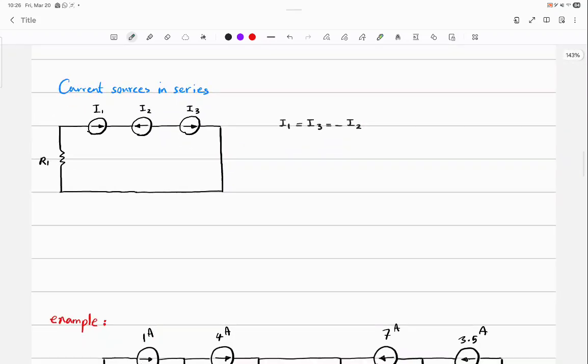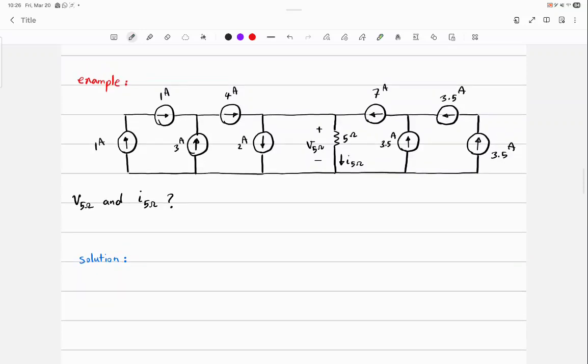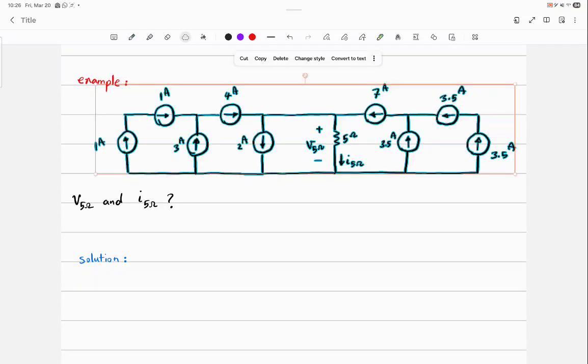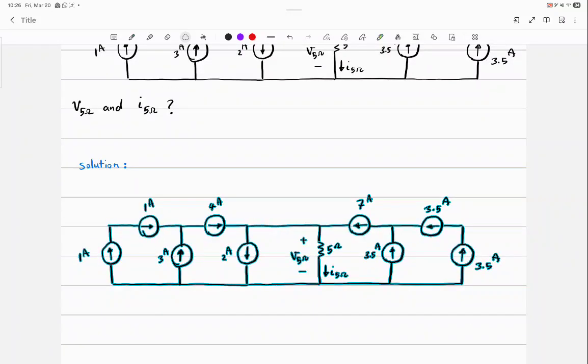So let's do an example and see what's going on. We want to find the V5 ohm and I5 ohm and see what we can do here. Okay. So what do you suggest combining?